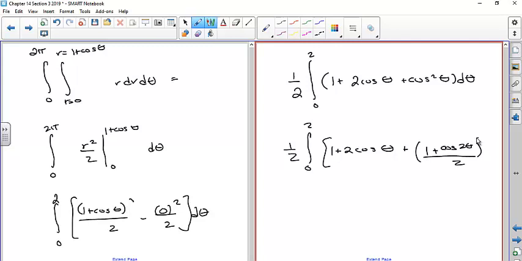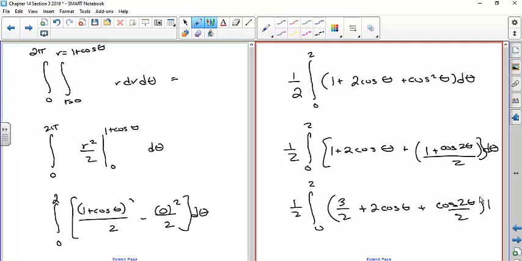The whole thing times d theta. So we'll get 1/2 the integral from 0 to 2 pi. And so we have 1 plus a half, so that's 3/2. So we get 3/2 plus 2 cosine theta plus cosine of 2 theta over 2, all times d theta.